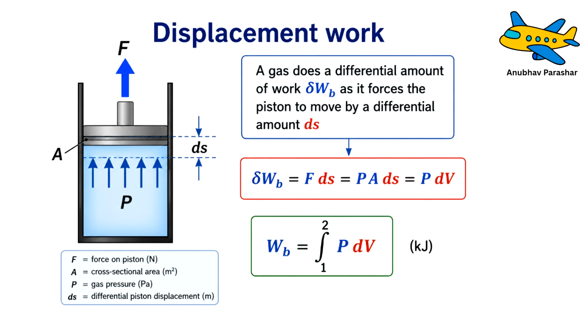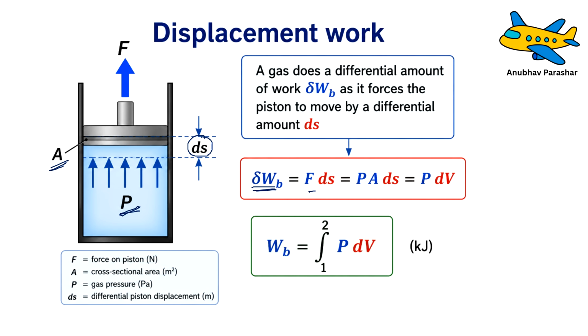Now suppose I have a system which is at a pressure P. There is a piston. The cross-sectional area of the piston is A. Now, the pressure P applies force and the piston moves forward by a small displacement ds. So what is the work done?